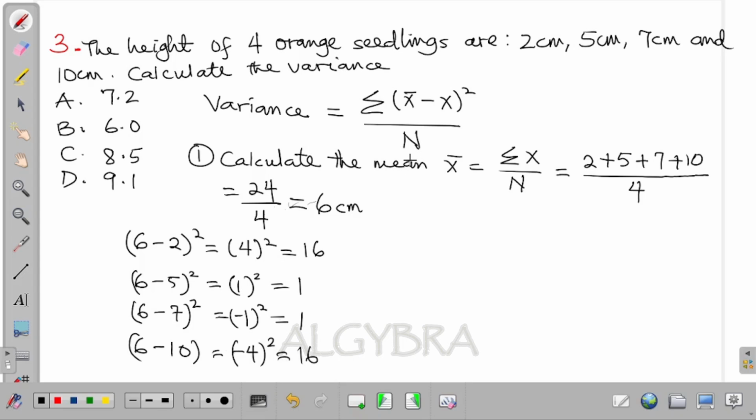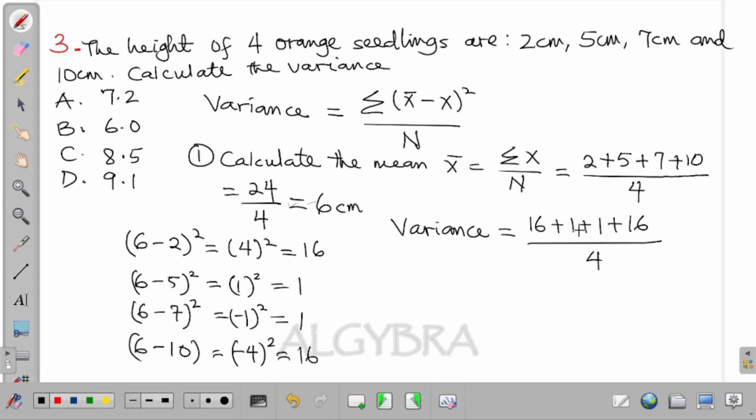So that is the second step. What we're going to do next is sum all these numbers. We have gotten the squares of the deviations from the mean. Now we sum all these numbers and divide them by the number of samples, which is 4. So we get that the variance is equal to 16 plus 1 plus 1 plus 16, all divided by the number of samples, which is still 4.